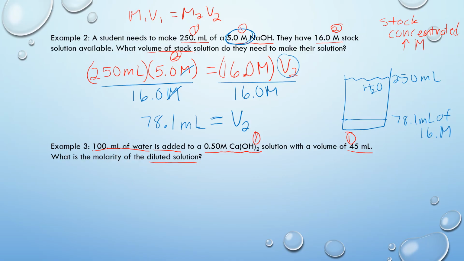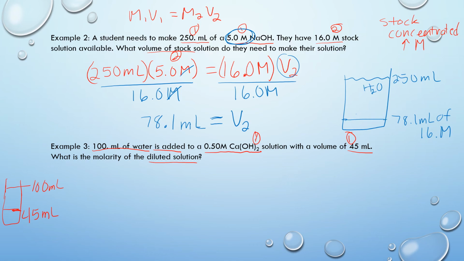Okay, so let's think about that. If I have 45 milliliters in my container, and I add to it 100 milliliters, okay, it doesn't say my final volume is 100, it says I'm adding 100 milliliters of water.